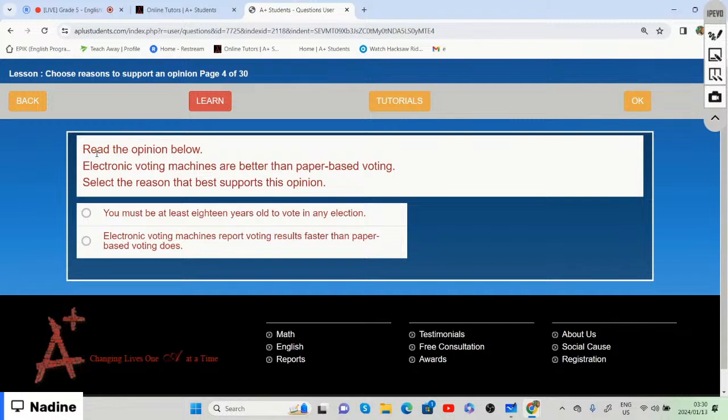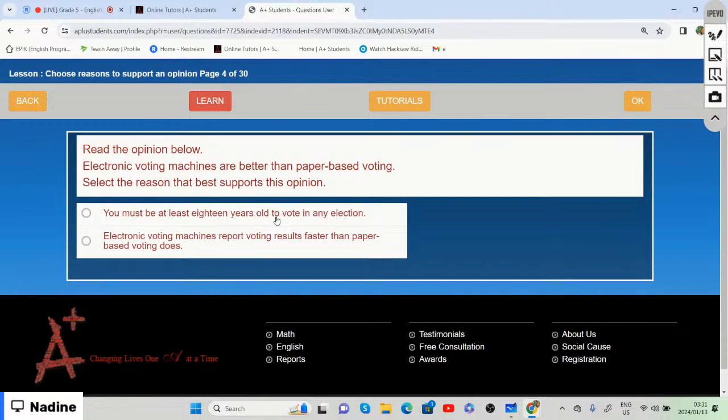All right. So electronics. Electronic voting machines are better than paper-based voting. So the opinion of someone is saying that using a machine is way better than the paper system. Electronic voting, this is not for voting for the president or the new ministers.